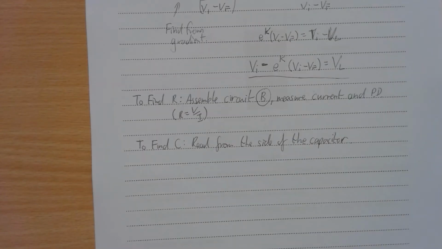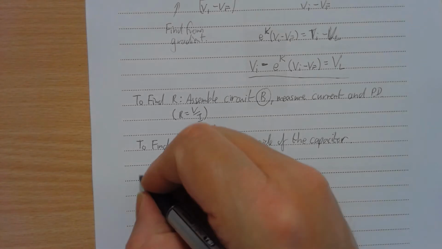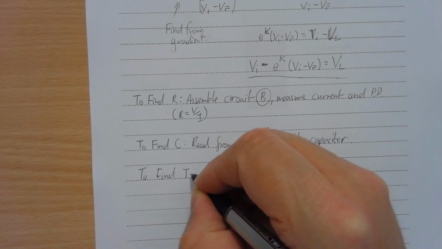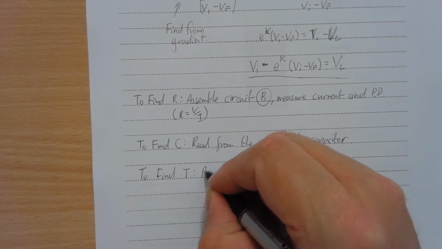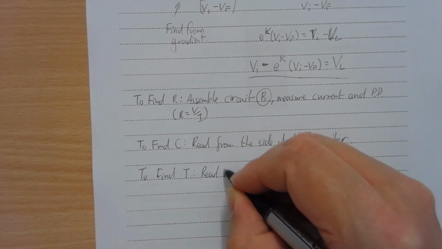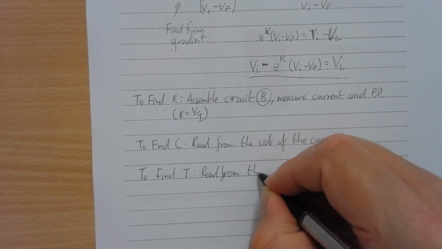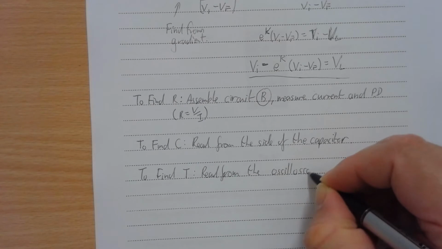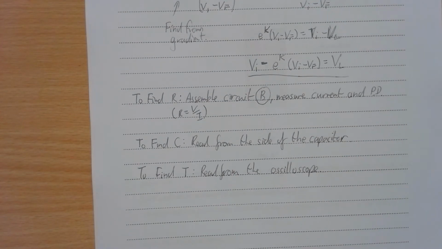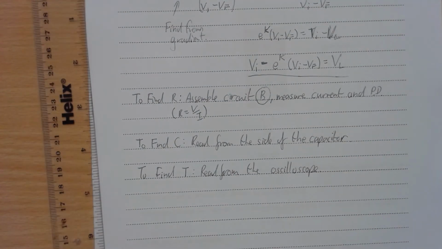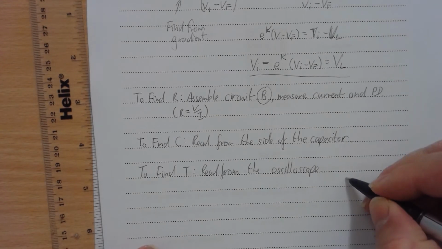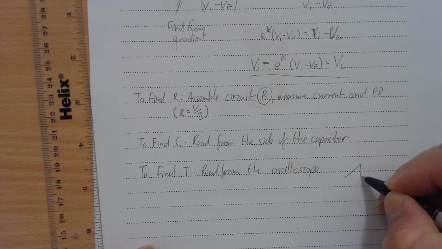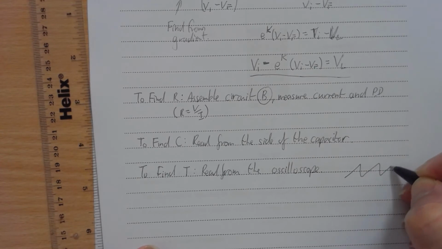Okay, so to find T, we would read it from the oscilloscope. The reading would show it going up and then down, and then up and then down, and then up and then down.